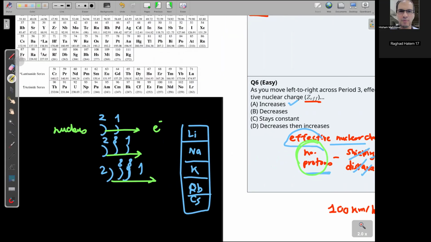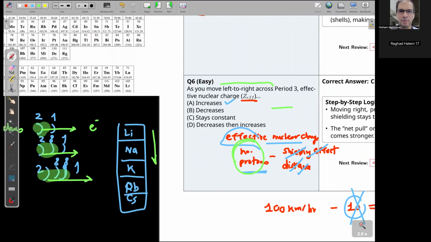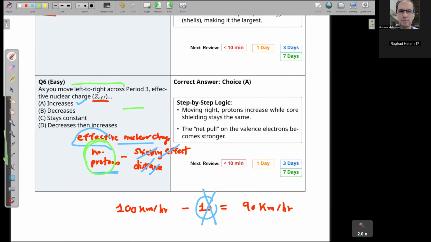Look at the electrons making the shielding: 2, then 10, then 18 electrons. So this factor becomes larger as you move down. But if you are moving from left to right across the period, they have no effect, which means the nuclear charge depends only on the proton number.